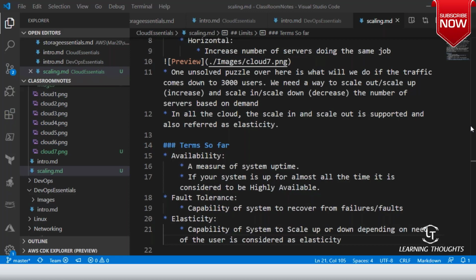For example, if your system was up throughout the year for 365.5 days and it was down for 12 hours, out of 365 days in a year, you do a simple ratio, 365.5 divided by 366 or something like that, into 100. Then you would get the availability of your system. And your systems have to be highly available in most cases. Am I clear on this?